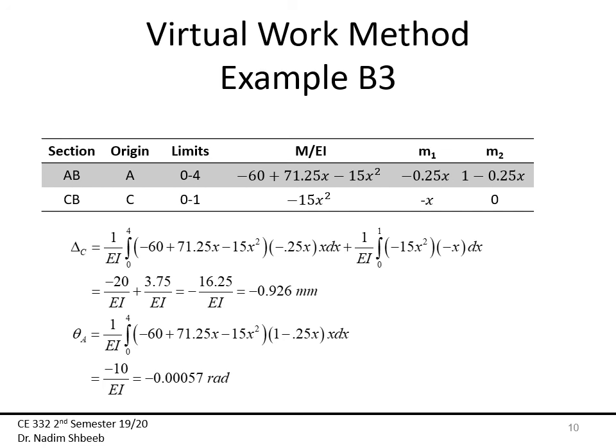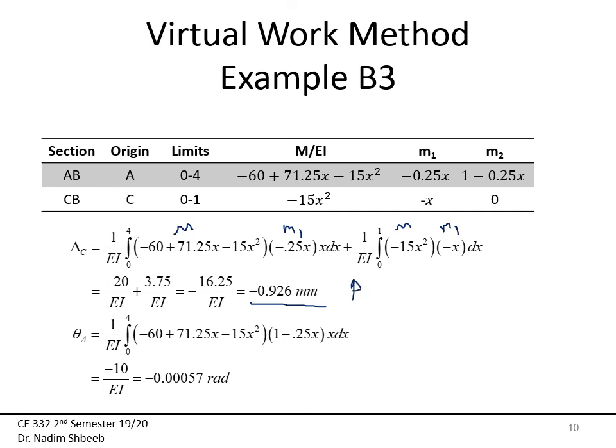It's going to be 1 over EI from 0 to 4, again this being M, and this being M1, so now this is equal to minus 20 over EI plus 37, and it's telling me that it is minus 16.25 over EI, and it's telling me that I have a negative deflection, which means that it's going upward.